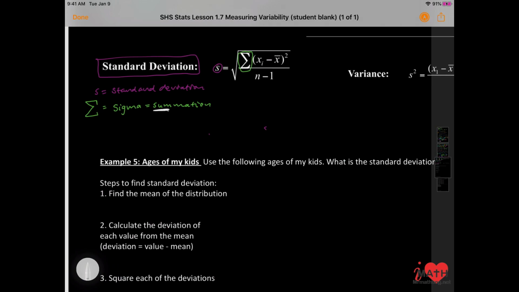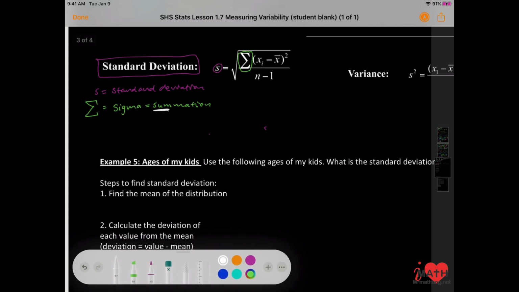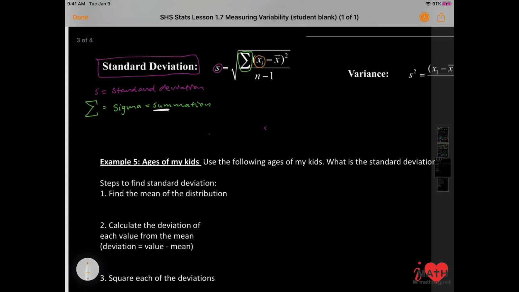You just need to add up the numbers. Okay? All right, let's keep going here. xi is the individual data points. So xi is the individual data point.